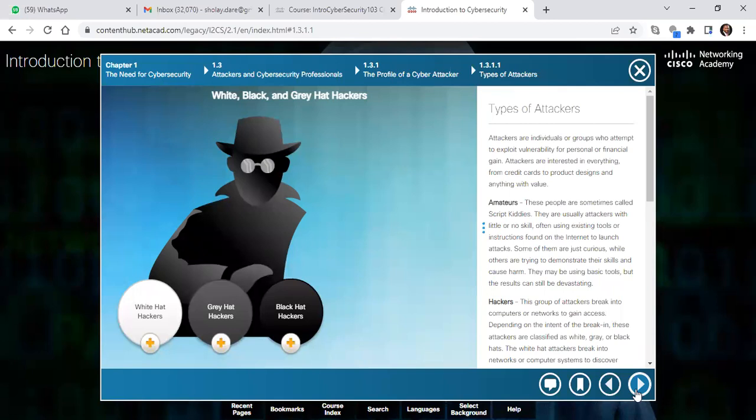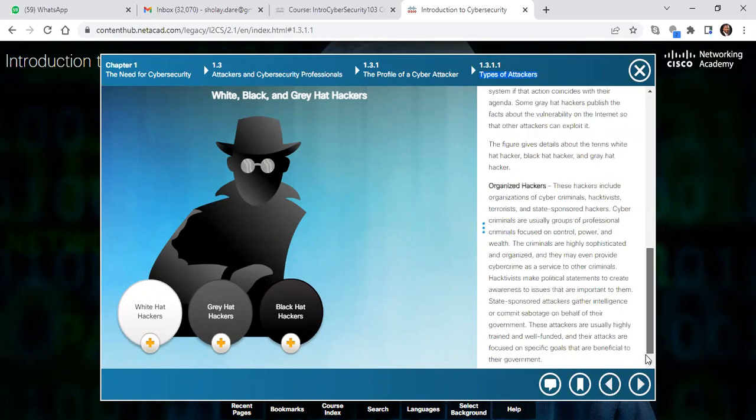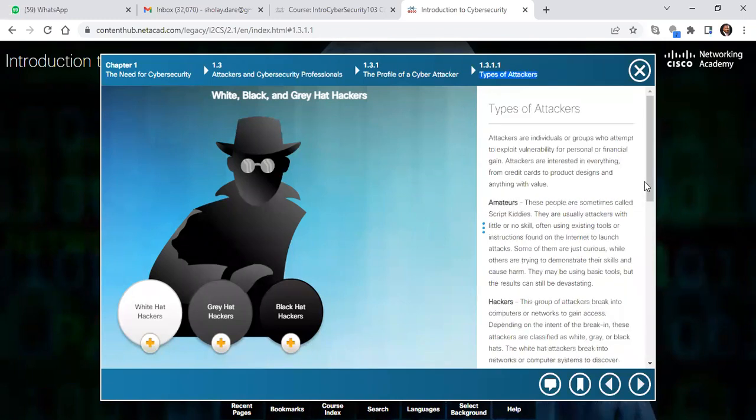What they are explaining here is that for every knowledge you're getting when it comes to cybersecurity, they have different types of attackers. They have the white hat, the black hat, the gray hat, and I'm going to explain this.